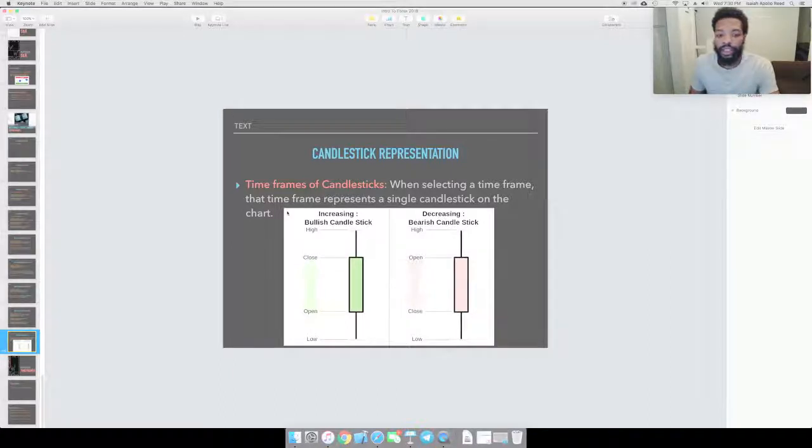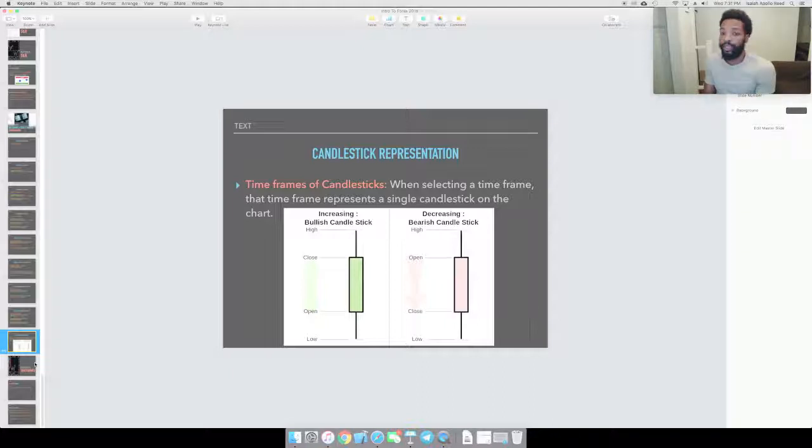But yeah, each candlestick represents that time in the time frame. So if you're in a weekly time frame, each candlestick represents a week. This candlestick won't close until the week is over. Same with the day time frame, the hour time frame, 30-minute, 15-minute, 5-minute, 1 minute. Each candlestick represents whatever time frame that you're on.